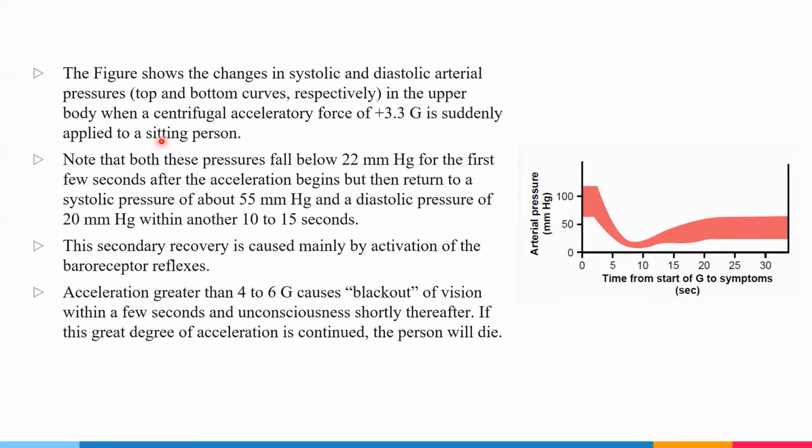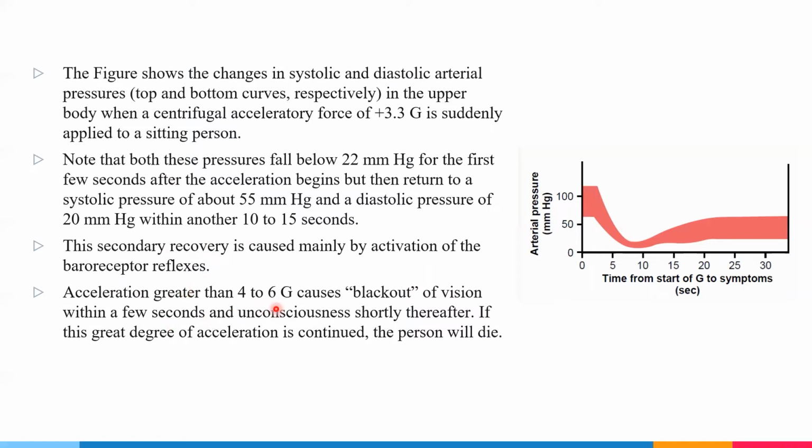In the upper body, when a centrifugal acceleratory force of plus 3.3 G is suddenly applied to a sitting person, note that both these pressures fall below 22 millimeters of mercury for the first few seconds after the acceleration begins, but then return to a systolic pressure of about 55 millimeters of mercury and a diastolic pressure of 20 millimeters of mercury within another 10 to 15 seconds. This secondary recovery is caused mainly by activation of baroreceptor reflexes.